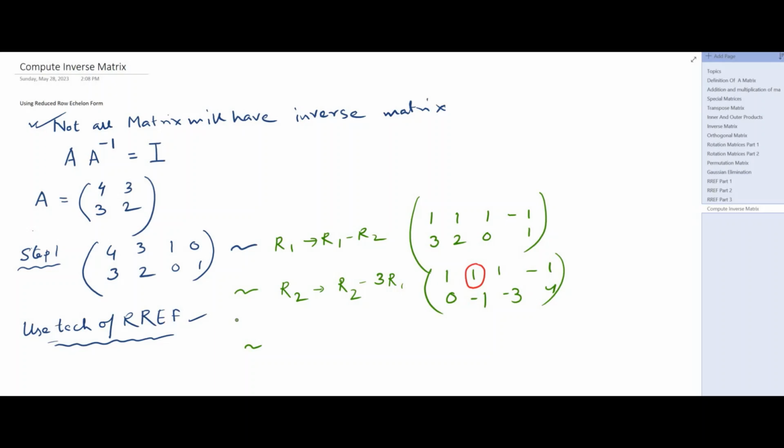So for that, we can again calculate row 1, and R1 plus R2 simply gives us 1, 0, minus 2, and 3, and this row will have no change, so minus 3, 4. So I think up to this it's clear.